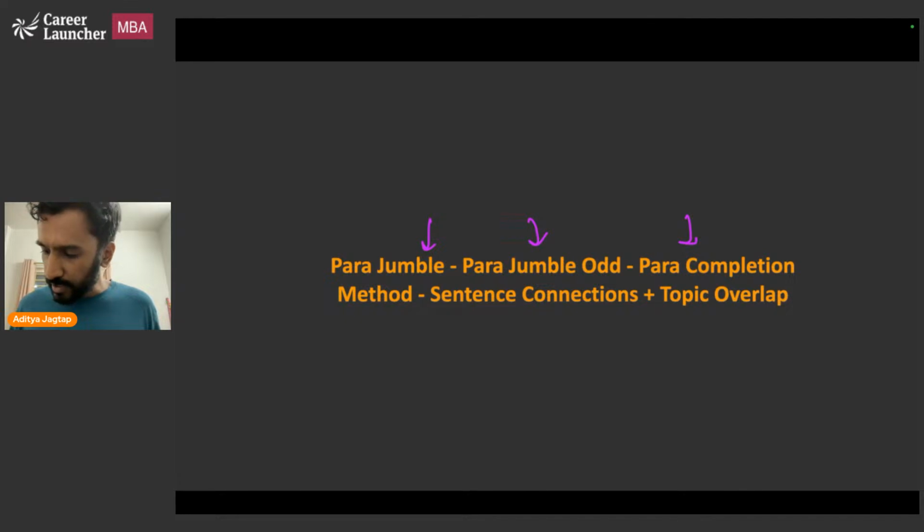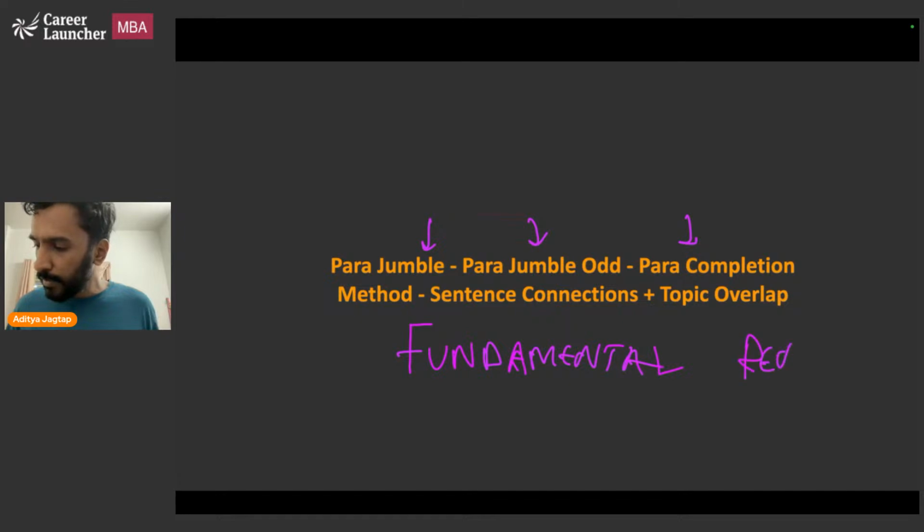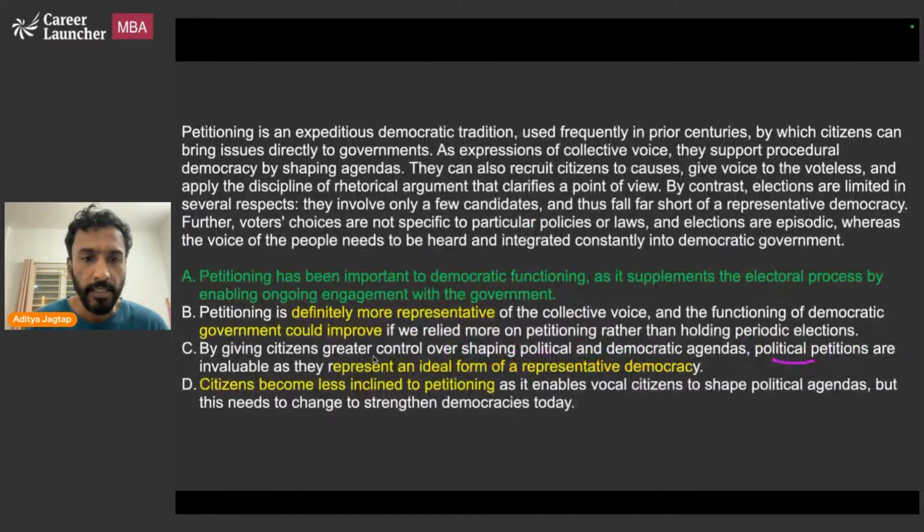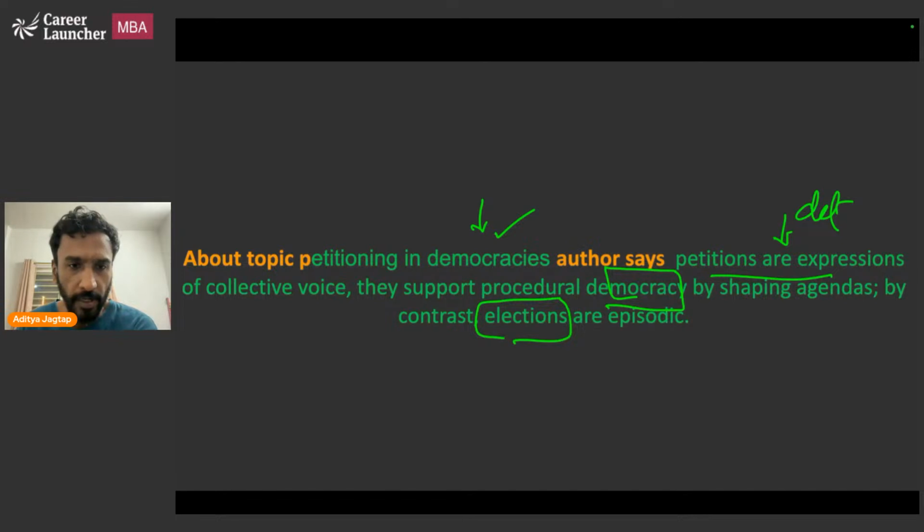They are trying to assess some fundamental reading skill, right? So what is this fundamental reading skill that parajumble, odd one out, and paracompletion are checking? So let me go back to the prior skill that we figured out.